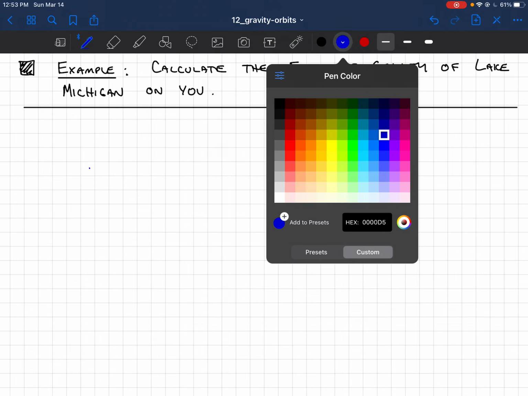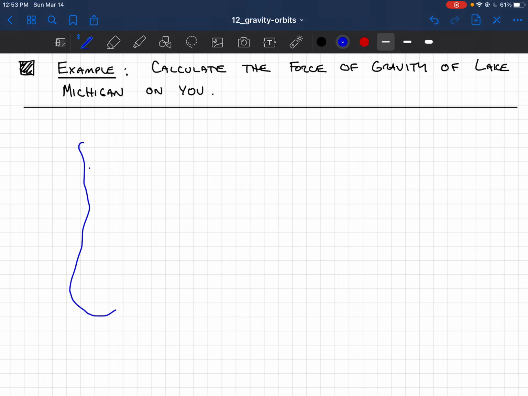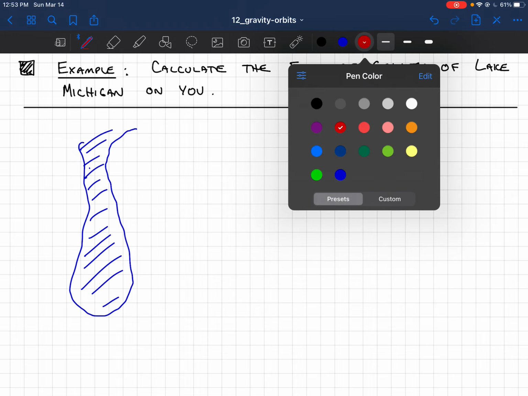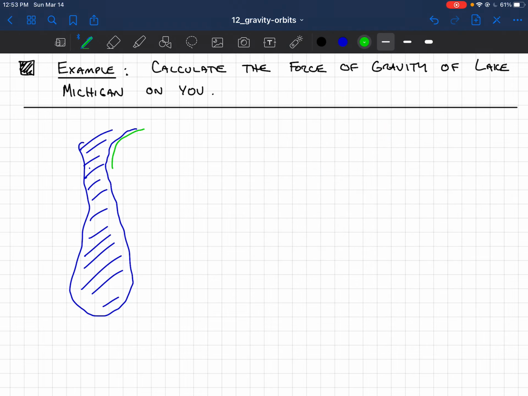So, well, let's just sketch it out. So here's Lake Michigan, and then we have Michigan, the Lower Peninsula, looks like this, right?